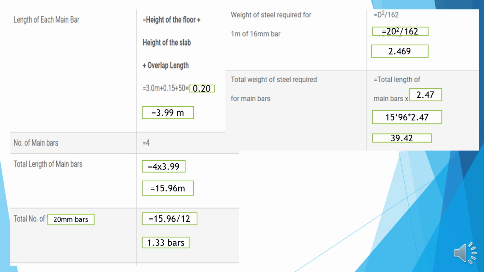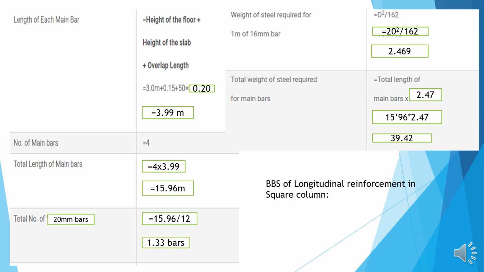Total weight of the steel required for the main bar is total length of the main bar into 2.47, so 15.96 into 2.47 is 39.42 kgs required for the main bars of the column.